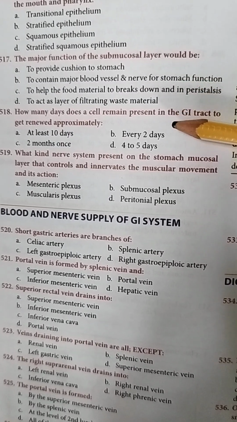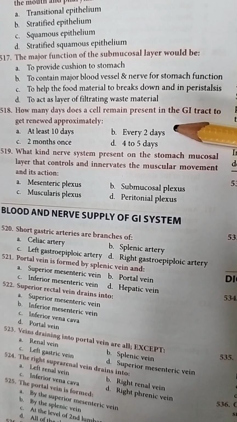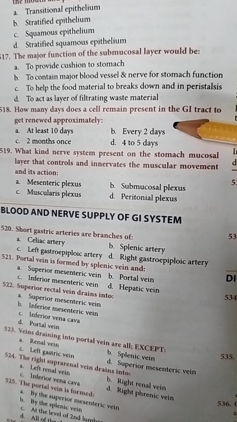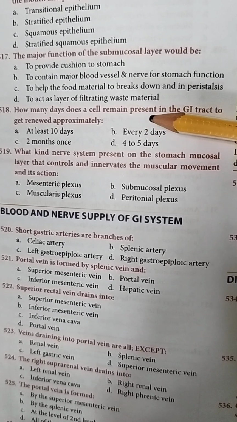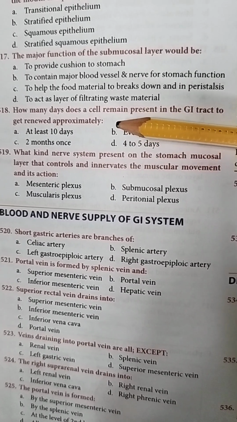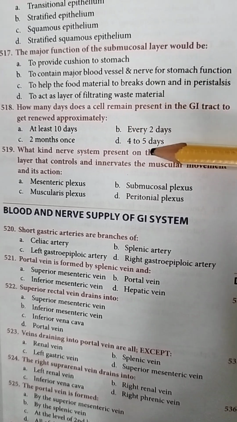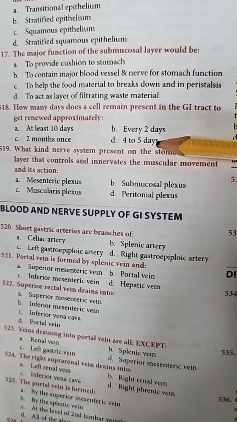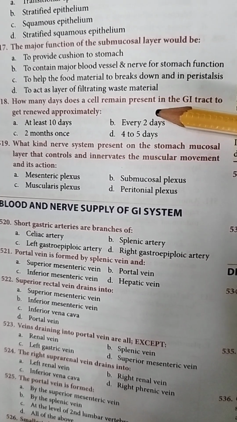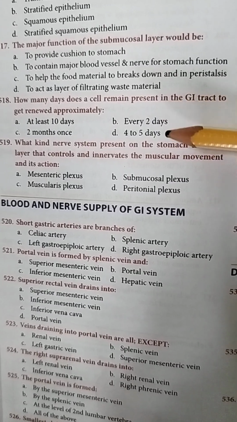How many days does a cell remain present in the GI tract to get renewed approximately? Answer হবে 4 to 5 days.